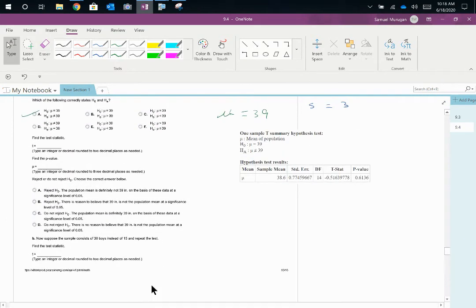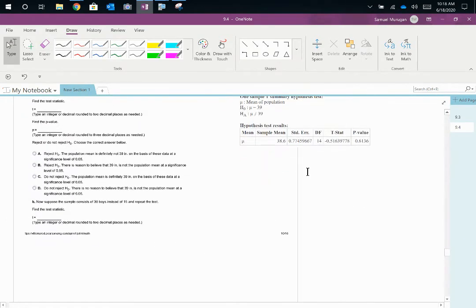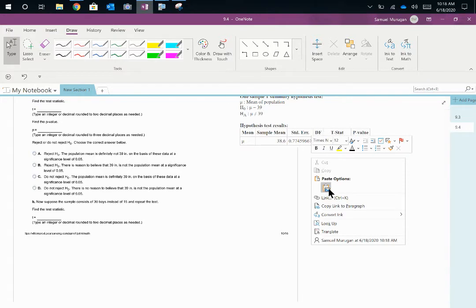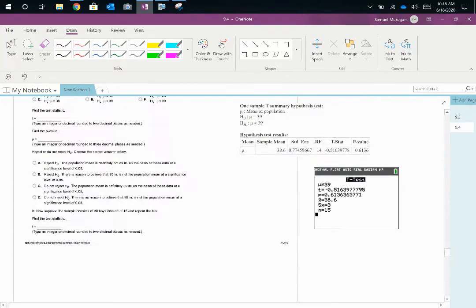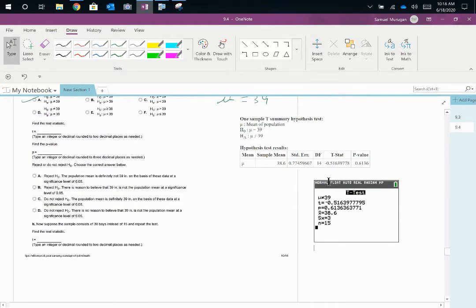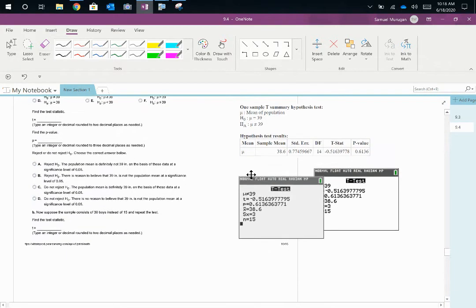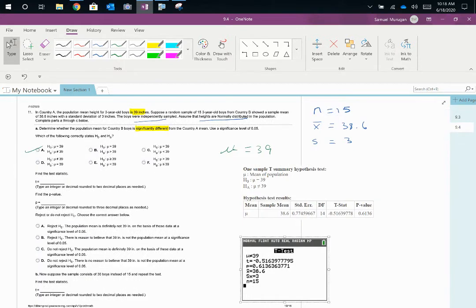Technology is not behaving today. Okay, paste. All right, so we've got our two results. Let's compare. From both of these, you could see that the t-stat, to two decimal places, is negative 0.52.